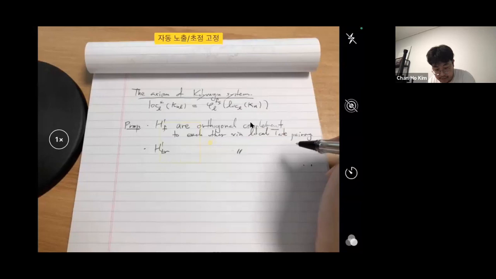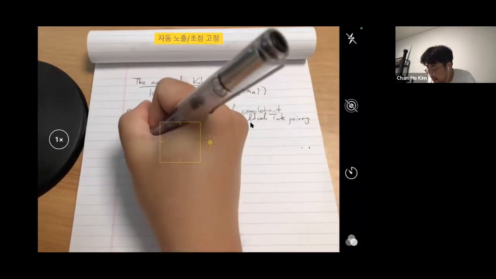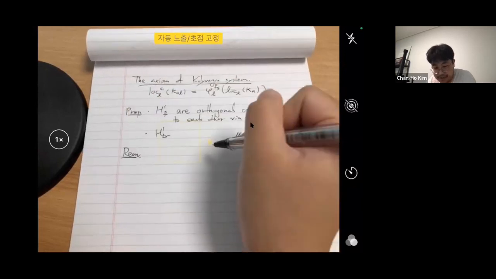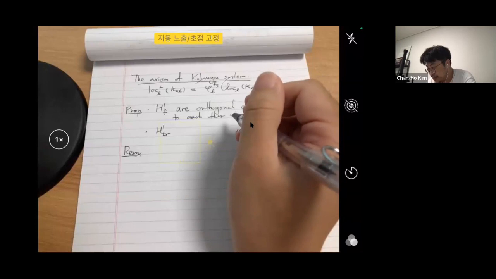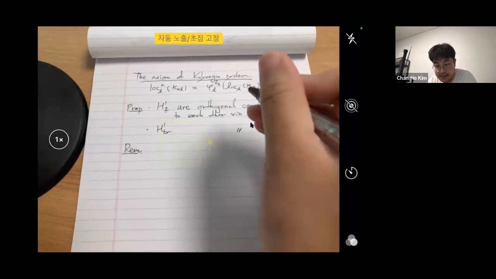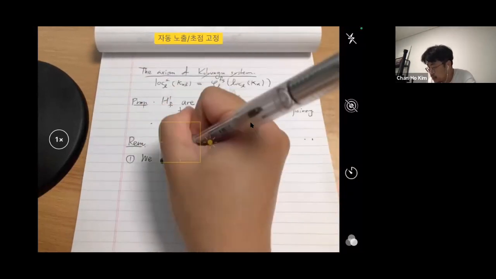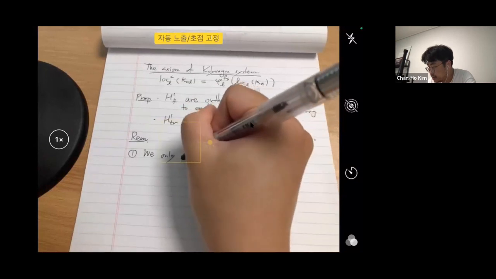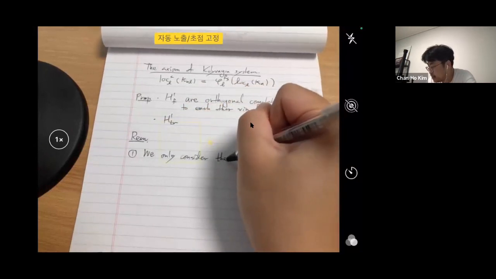And one remark is that there are lots of developments in the theory of Kolyvagin systems, but in this lecture series I only consider the most classical one, the so-called core rank 1 case.